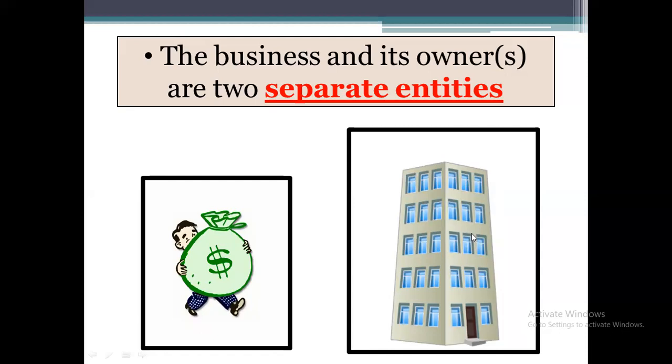And always remember, guys, whenever you do the accounting, whenever you write your books, whenever you book the journal entries, always think that you are the business. You are not the businessman. For example, if you are doing fund accounting of a fund, assume that you are the fund itself.